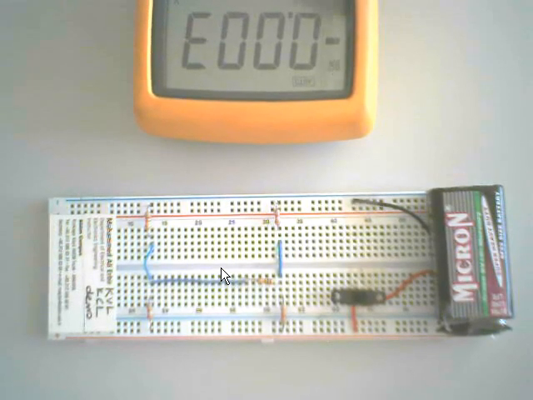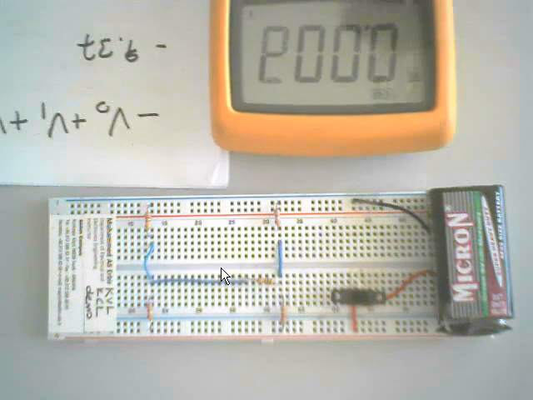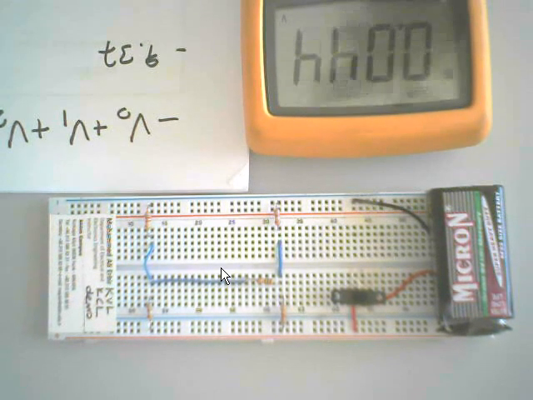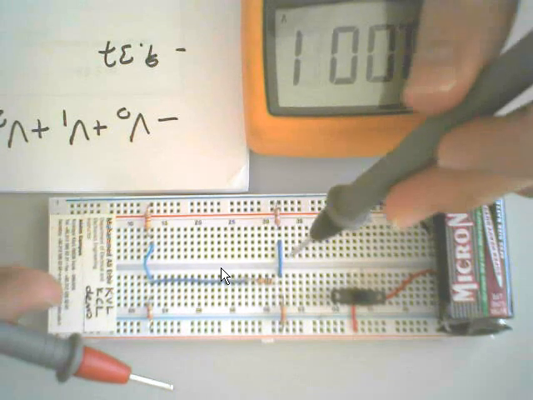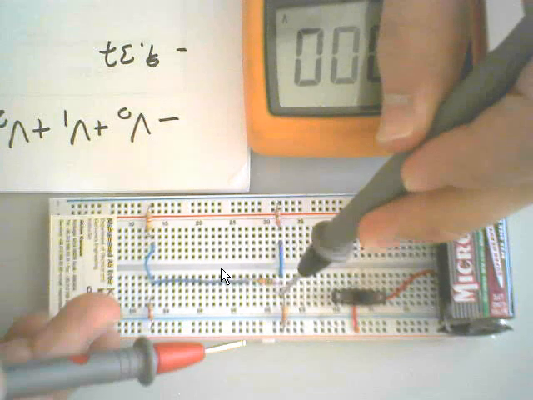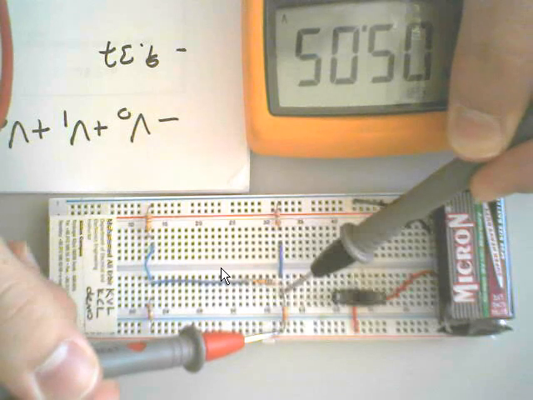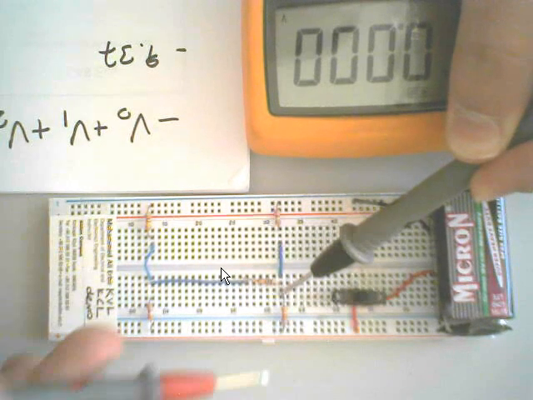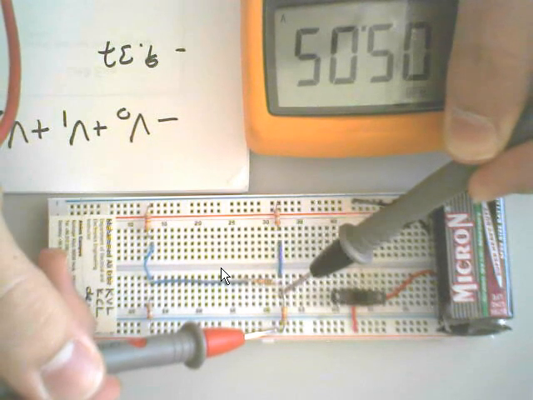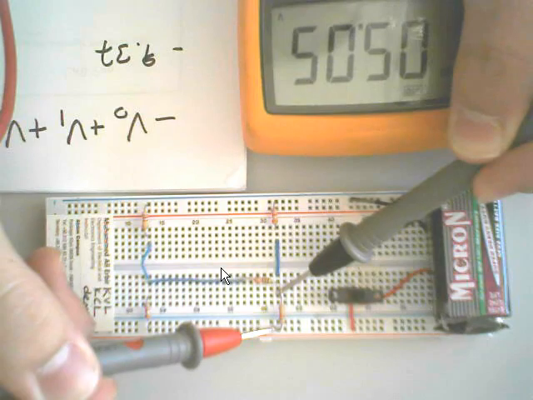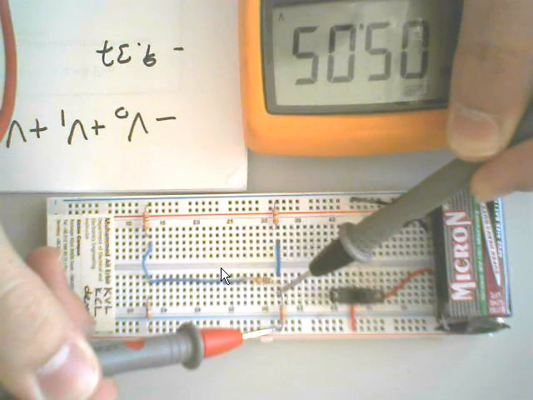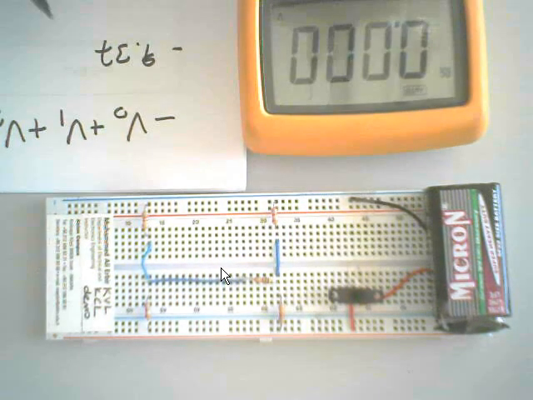and then I will measure V1. Yes, this is V1. Please consider the polarities. I touch the red one to the upper side because it is defined as the positive terminal of V1. It reads 5.05.